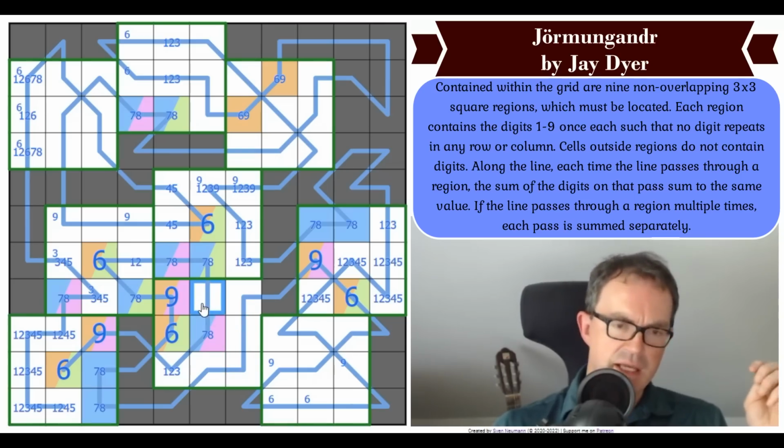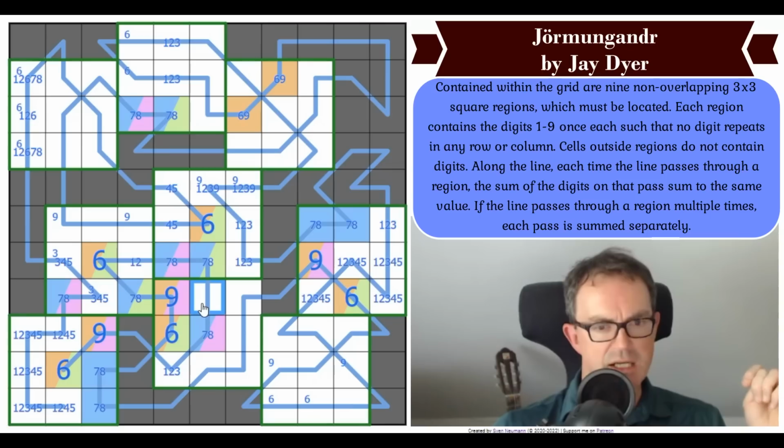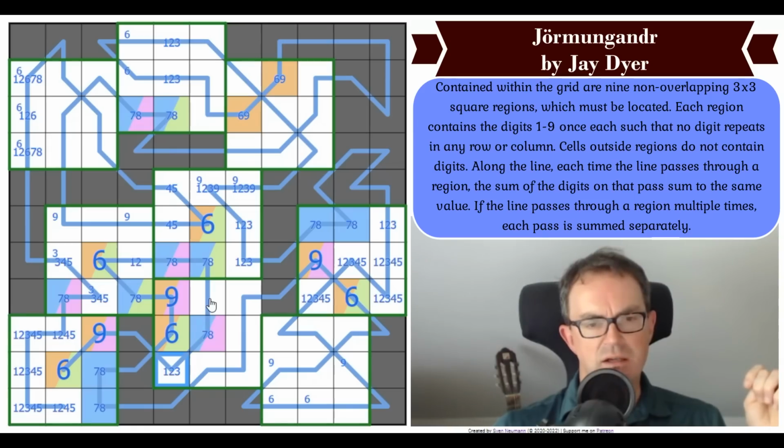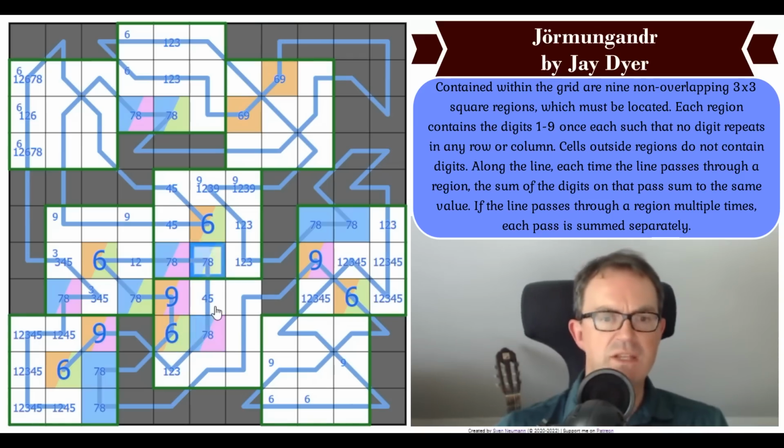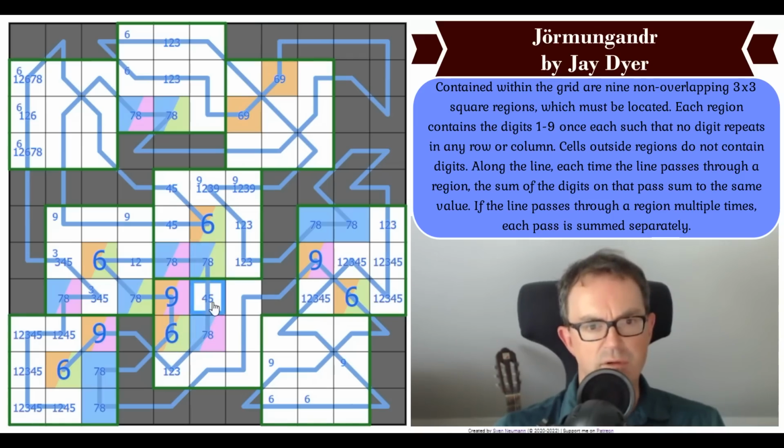So this cell here is at least, if that's 8, that's 3. That's got to be a 4. So it's 4, 5, it can't be 6, and it can't be a 7, 8. So that's 4 or 5. 3, 4, 5. 4, 5.